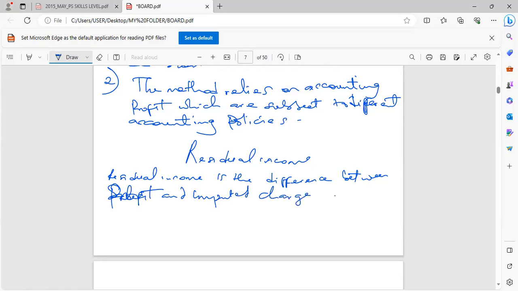So mathematically, I can say that residual income is profit minus imputed charge.